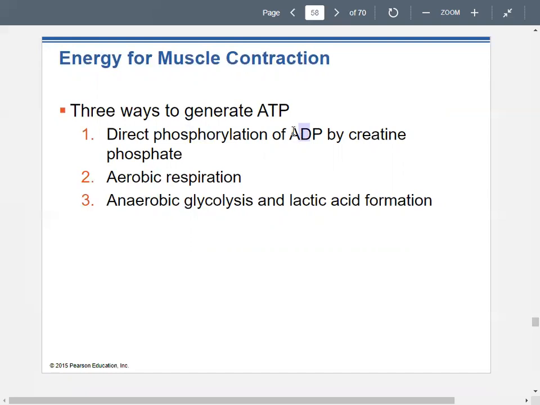So Di means what number? 2. The T in ATP stands for 3. So where's the phosphate coming from? Just told you. Creatine phosphate. So it's essentially a substitution reaction, right? So you're just moving this phosphate over onto ADP to create ATP.